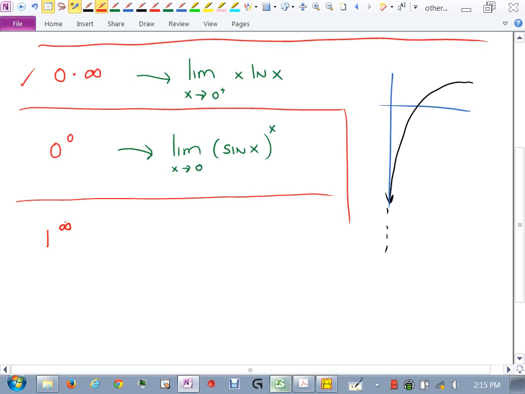Now remember, this number is not 1. It's getting closer to 1, right? And this one is not infinity, it's getting closer. And let's make sure that we are clear that the number here is approaching 1 from the left. In other words, this number in here wants to get closer to 1, but it's always a little bit smaller than 1.